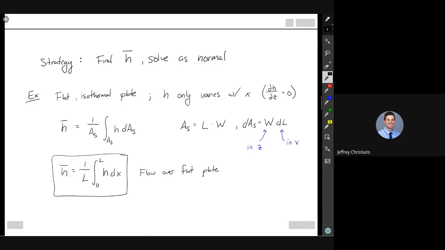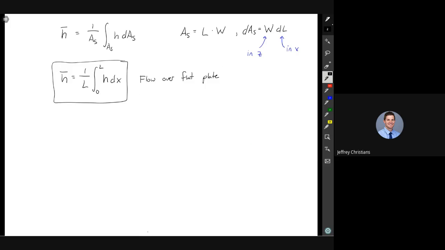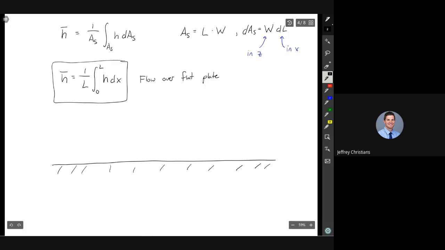So here's our flat plate. Let's draw a picture. So there's the front surface. We have a fluid flowing onto our flat plate at some temperature T infinity.